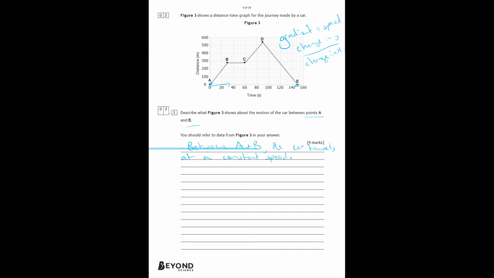We should say probably here the car travels at speed for 30 seconds, as it's asking us to use some data. We could even work out the speed it's travelling at.